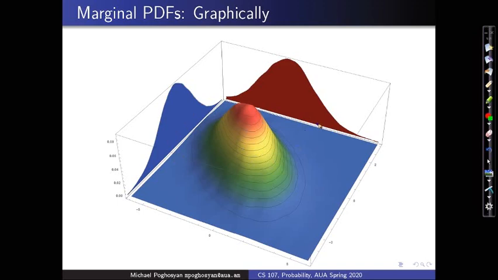Say, to calculate the value of this marginal PDF, I'm considering all points over this line.